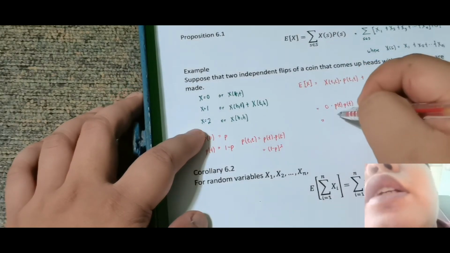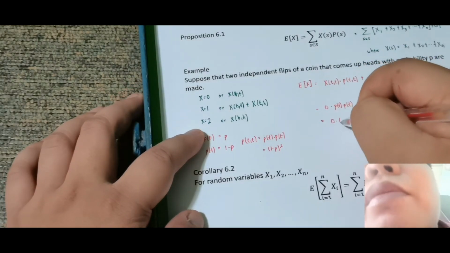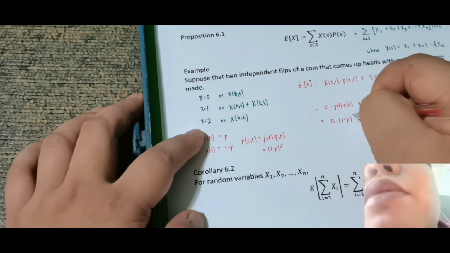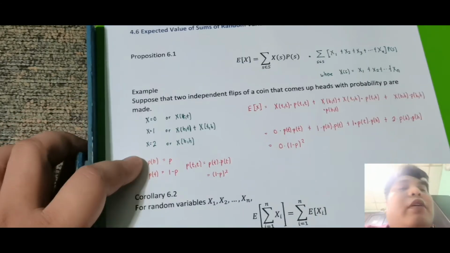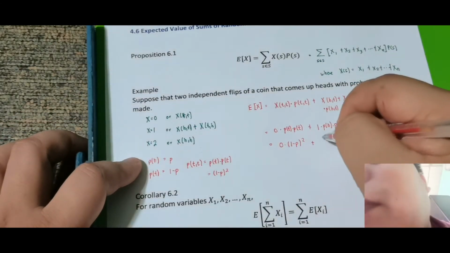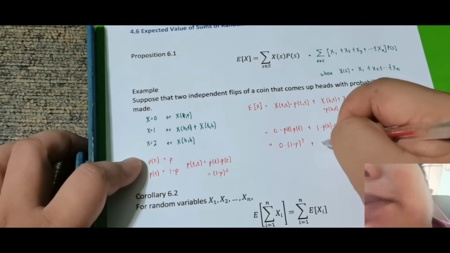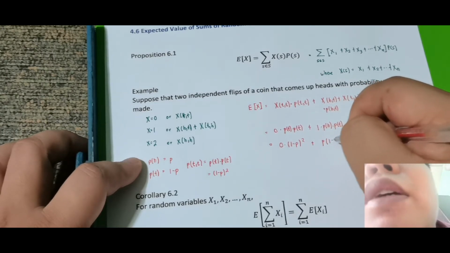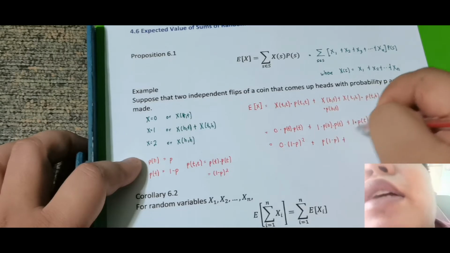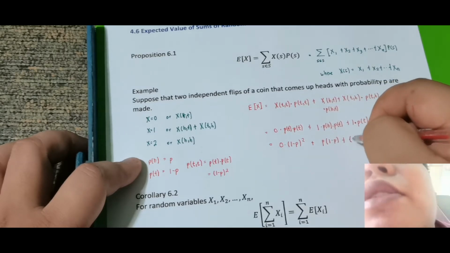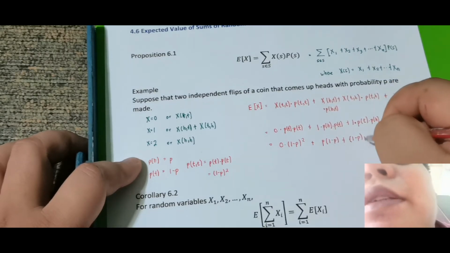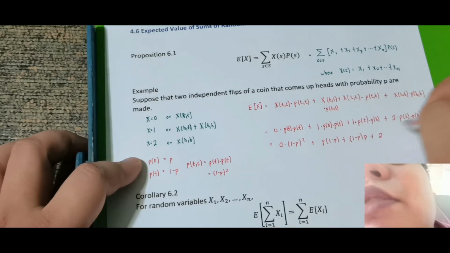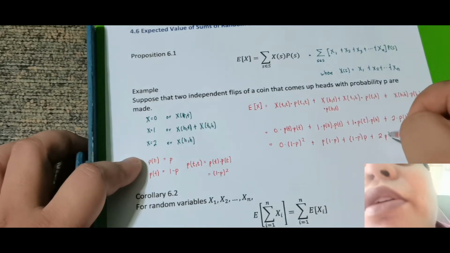This is 0 times 1 minus p raised sa 2, kasi dalawang p of t yan. Then plus p of h times 1 minus p para sa t. Then plus 1 minus p times p. Then plus 2p times p, this is p squared.